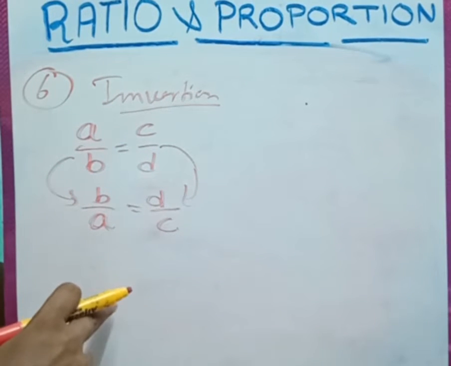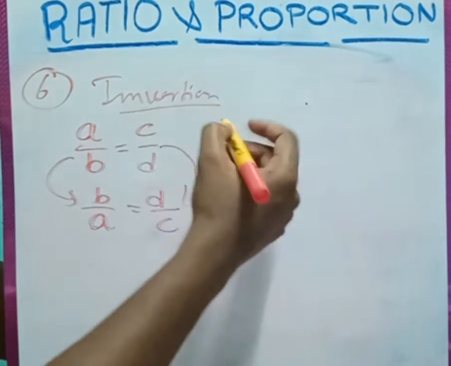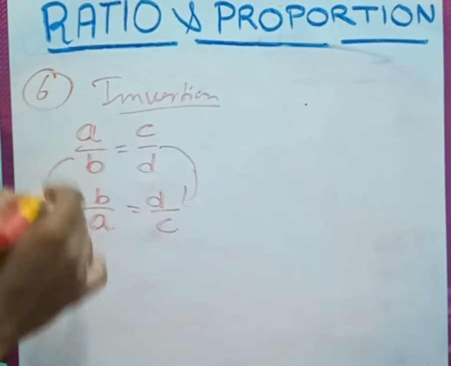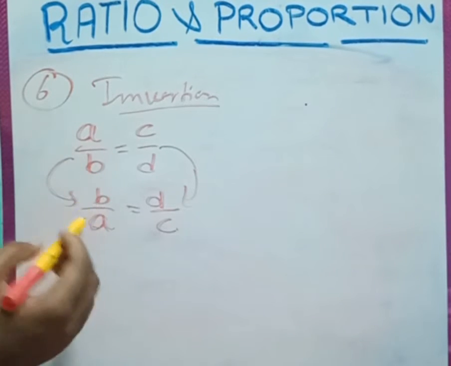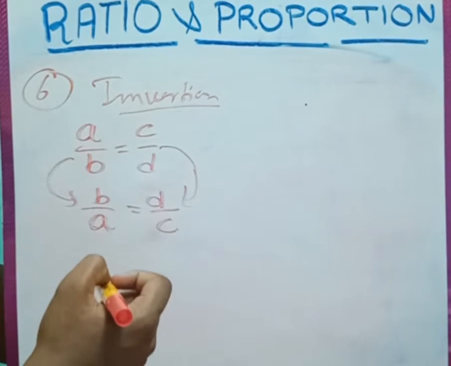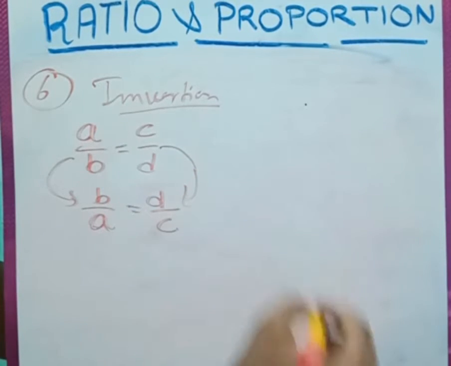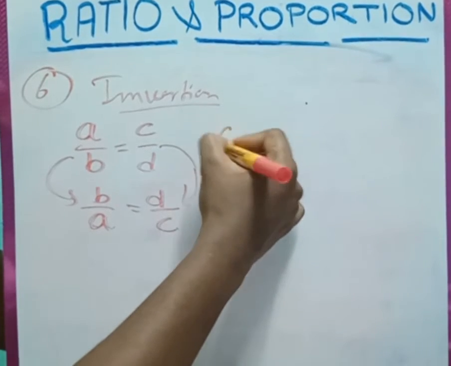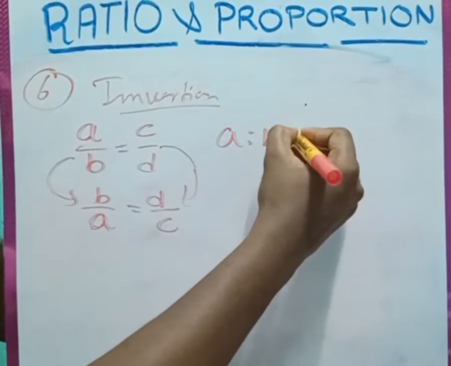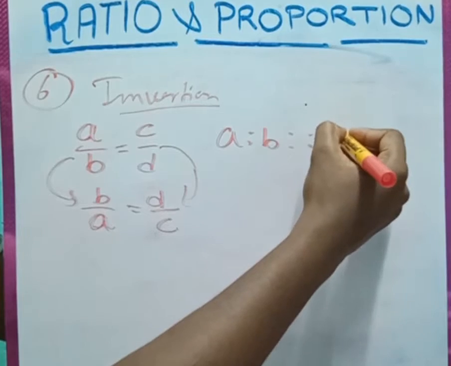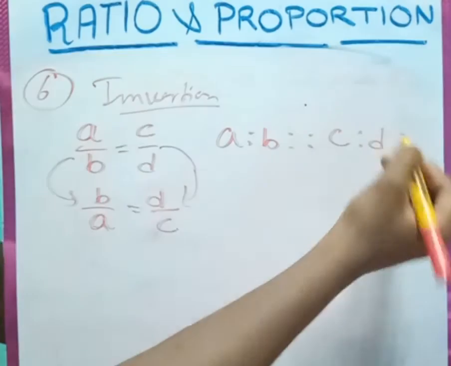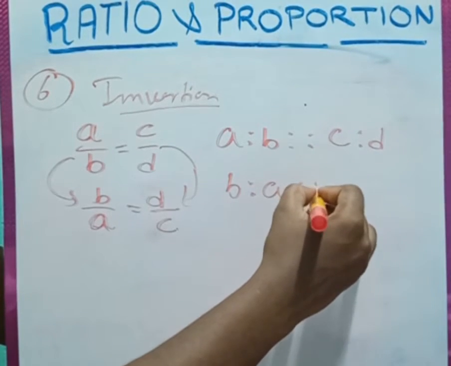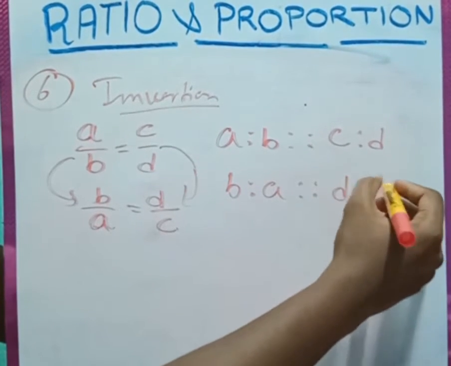And here what I want to say is, if there is an expression a upon b equal to c upon d, then the inverse of this fractional expression is also equal. In terms of ratio, how can we show this? If a is to b is proportional to c is to d, then b is to a is also proportional to d is to c.